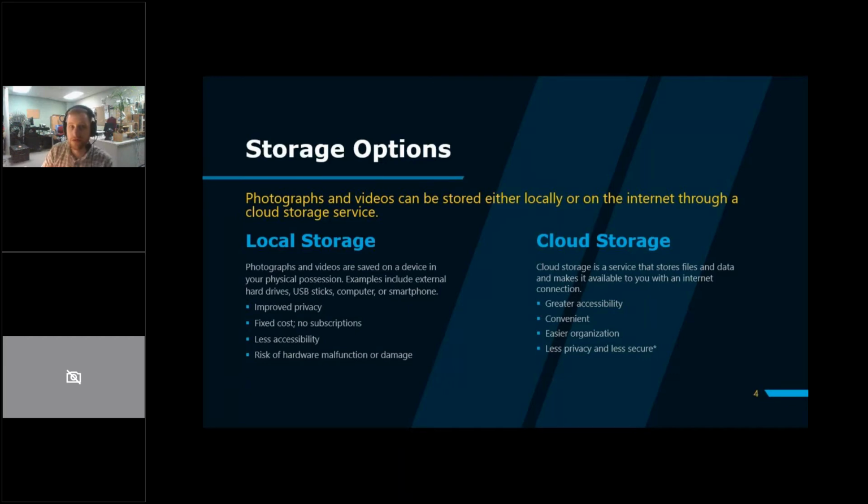Depending on the service, some algorithms can actually identify faces. So if you have family members who you're frequently taking pictures with, you can identify them as, oh, that's Uncle Jim. And then suddenly any additional photos you upload will automatically be tagged. And it's like, oh, that's Uncle Jim, that's Uncle Jim, that's Uncle Jim. It recognizes faces.